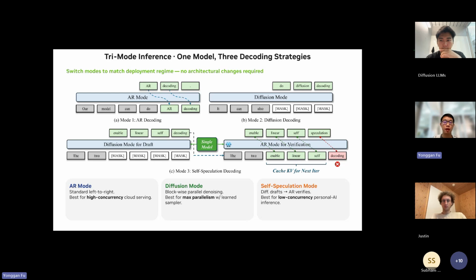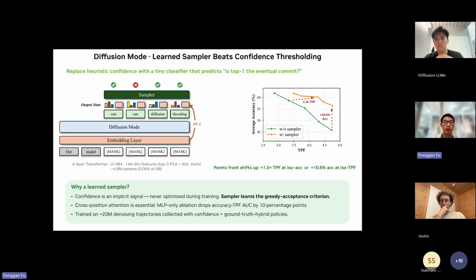For example, on top of the diffusion mode, usually people will do confidence-based sampling, but we know confidence-based sampling is an implicit post-training signal. It is never optimized during training. So what we can do is a very simple training to train a sampler to replace the confidence-based sampling.